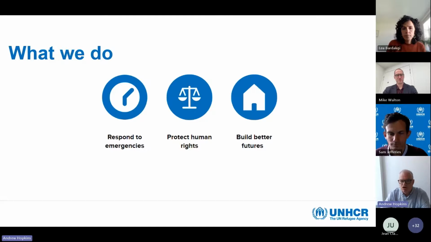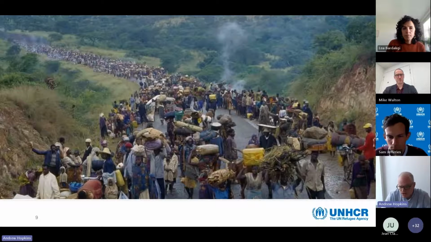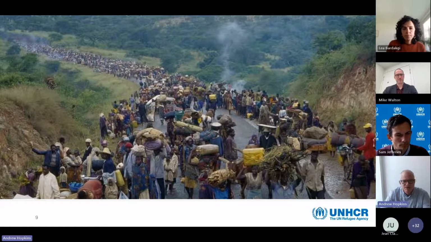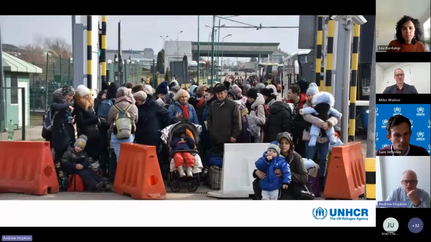And we work across a whole range of displacement over the years, on all continents. This one being in sub-Saharan Africa, on the border of Tanzania and Rwanda. This is where I started my career, and then looking also to today, frankly, with the displacements in very different contexts of Ukrainians coming here into Poland.